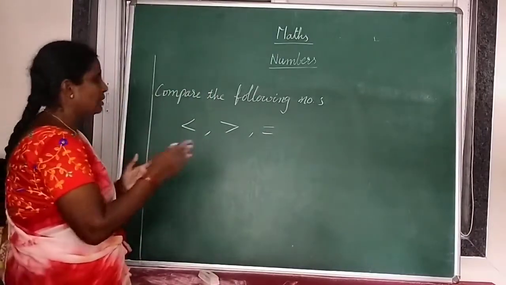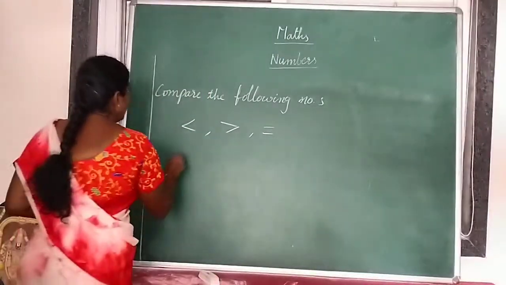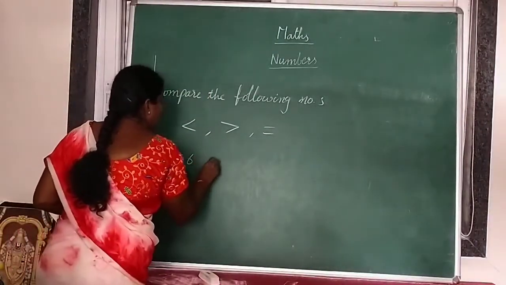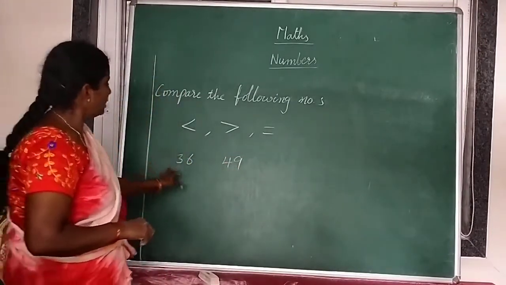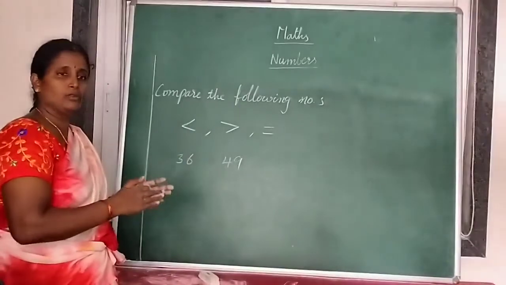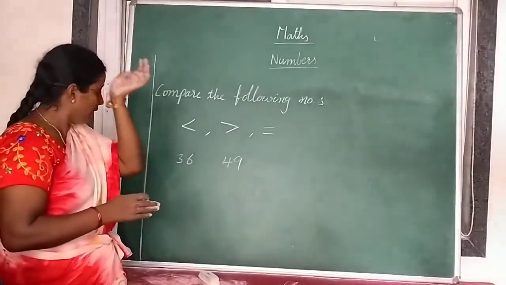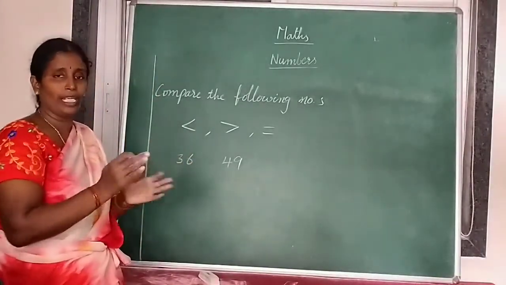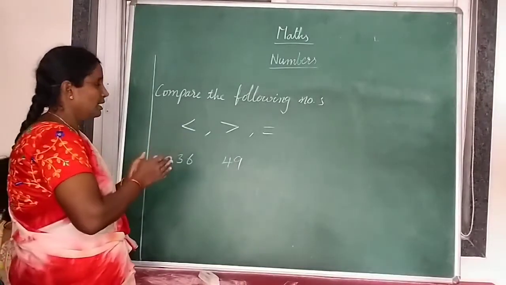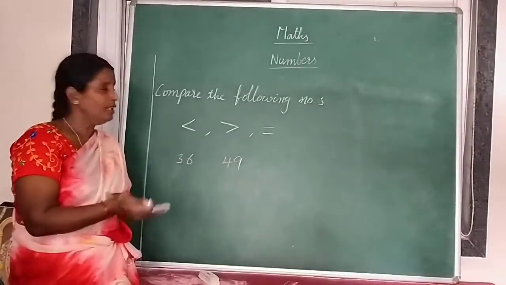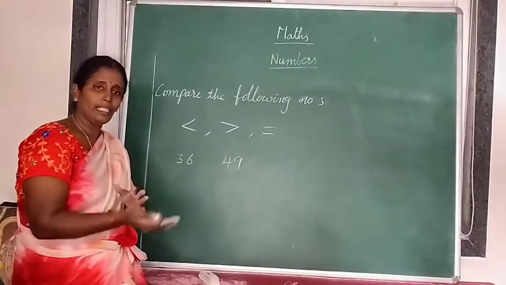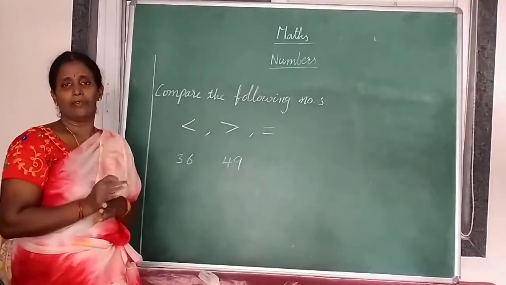Understood? If 2 numbers are there, for example 36 and 49, or 2 quantities or whatever it may be, either the first one is smaller than the second one, or the first one is greater than the second one, or both are equal.